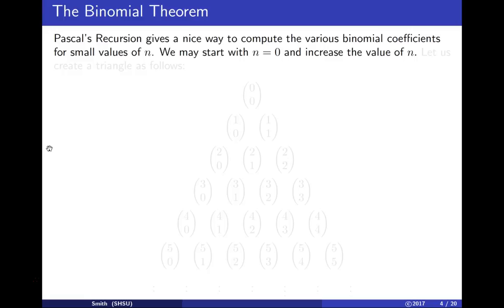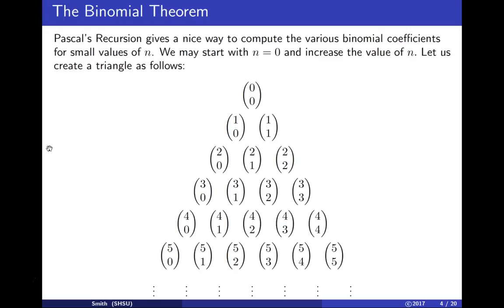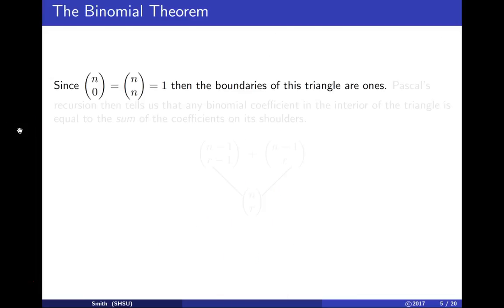What we do is we start with n equals 0 and then increase the value of n. So we create a triangle like this. On the left side, coming down the triangle, is 1 choose 0, 2 choose 0, and so on. On the right side, going down the triangle, is n choose n. These values will be 1, and Pascal's recursion allows us to find the items in the middle. We'll go through this. n choose 0 and n choose n are 1.